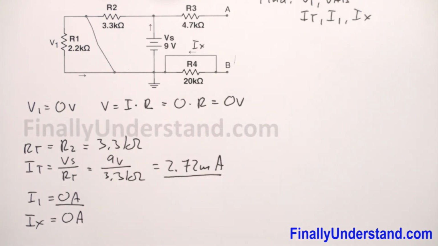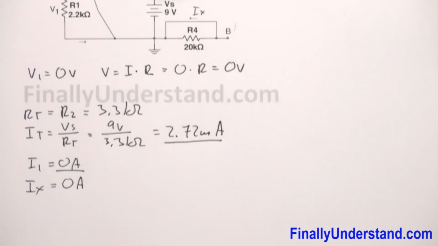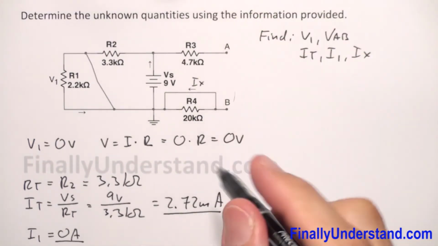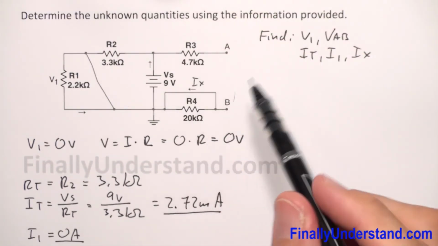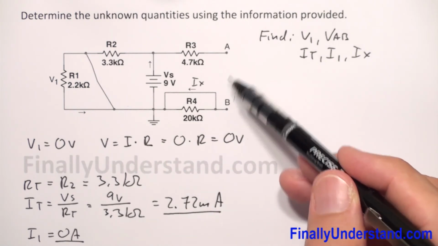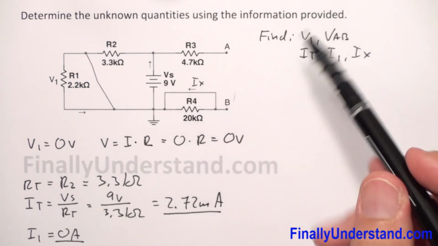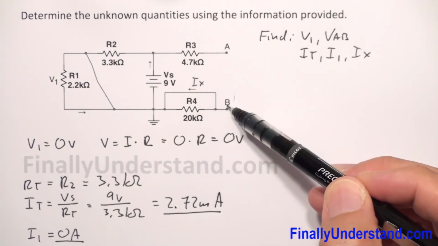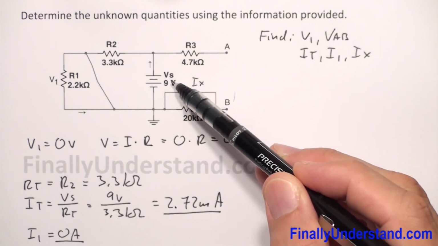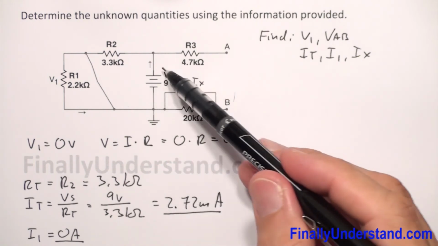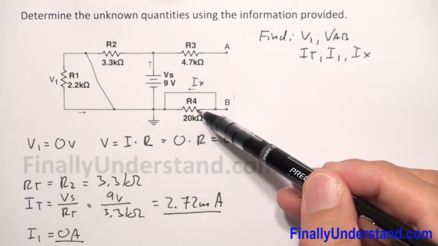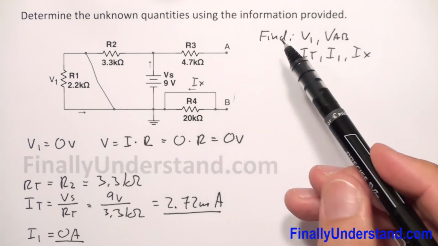Next, we're supposed to find VAB. Okay, VAB. Okay, this is my open circuit, and if it comes to the voltage, you're supposed to be aware that the voltage between these 2 points is going to be equal to the voltage across my voltage source in this case. Okay, so no matter how big this resistance is going to be, I don't care about this resistance because this resistance is shorted.